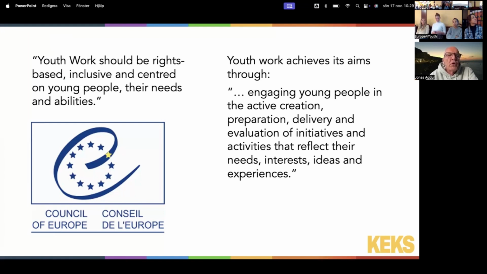That's the most used word when we're talking about youth work, young people's participation. And this is actually a definition of participation. It's not just that young people feel that they are part of something, it's a clear process where young people are active in creating youth work and activities that meet their needs. So if you're looking for a definition of participation, and I will actually get back to this, this is the definition of participation in Europe today.